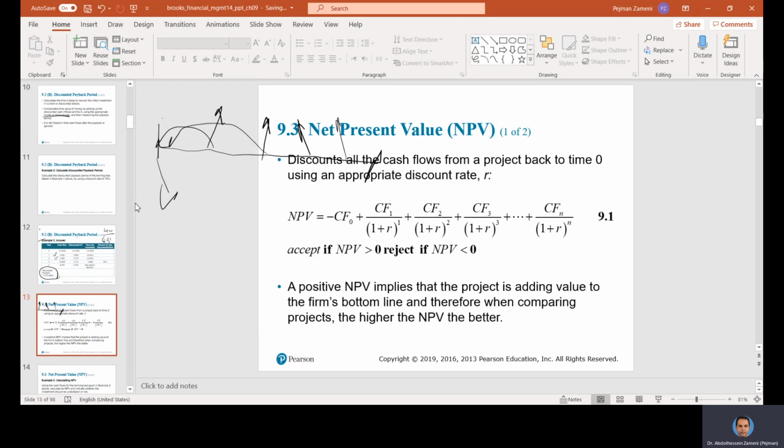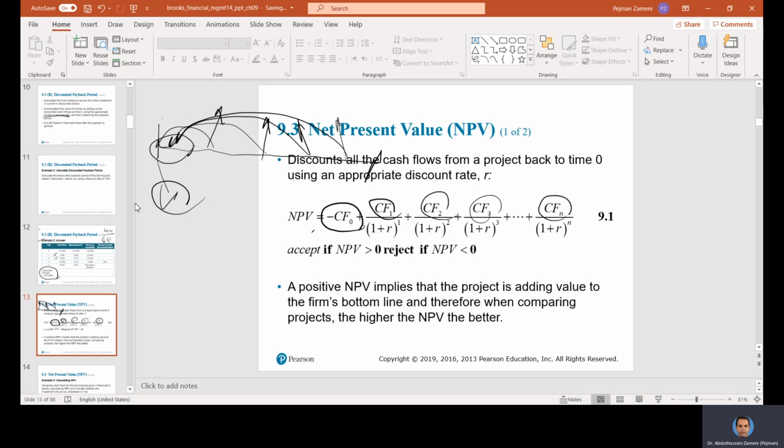We're going to bring all these cash flows to the present time, add all this together minus this one. And see here, this is the initial outlay, and these are the cash flows of year 1, year 2, year 3, and it goes to infinity.